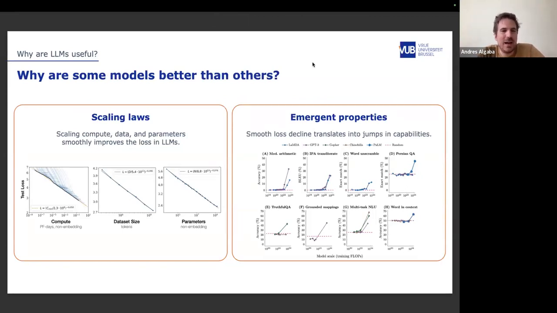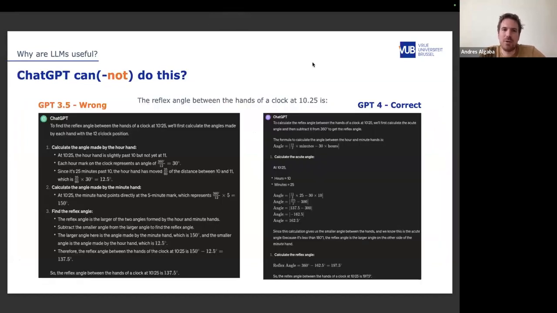What we see there is that the more compute, the more data you train a model on, and the larger the model is, as a rule of thumb, the better the model gets. GPT-3.5, to the best of our knowledge, is a smaller model, trained less long and on less data than GPT-4. So GPT-4 will actually be better at some things than GPT-3.5.